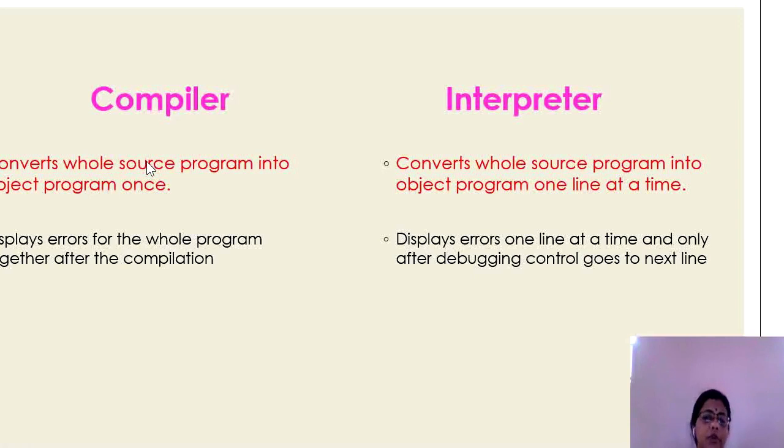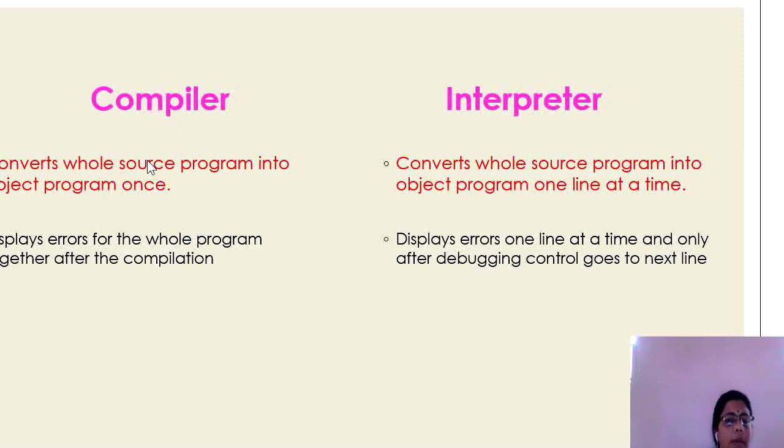Now, suppose you are writing a program of 10 lines. Just 10 lines, and you are writing it in, say, Java. Java uses English-like words, and you have to convert that into your object code or machine-readable form. Suppose I'm using a compiler.